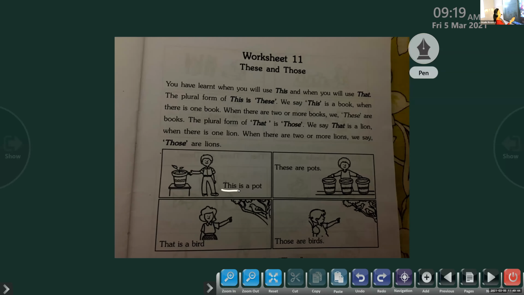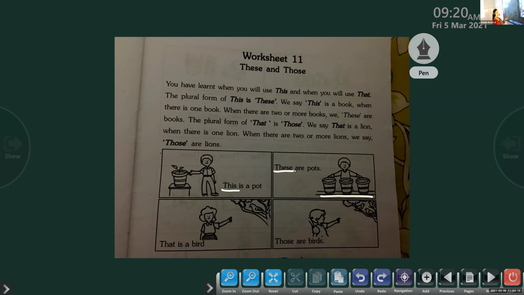Now, in the second example, the boy is standing near three pots. So, the word we will use is these. The plural of this is these. These are pots.